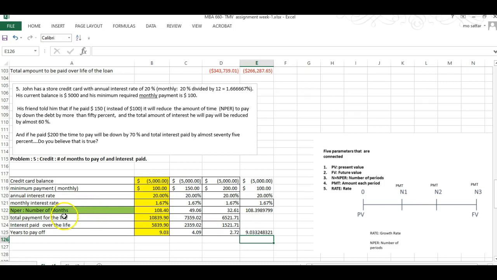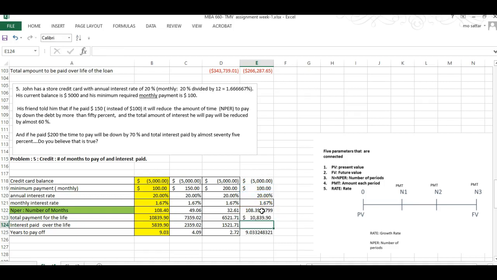So the question is, if you want to figure out how much interest he's going to pay, let's first figure out how much he is going to pay over the 108 months. So he's going to pay $100, which is this amount, multiplied by the number of periods, which is that. So he's going to pay for that long.